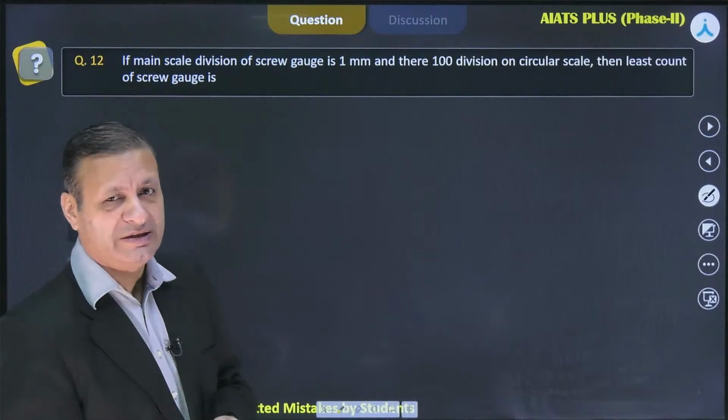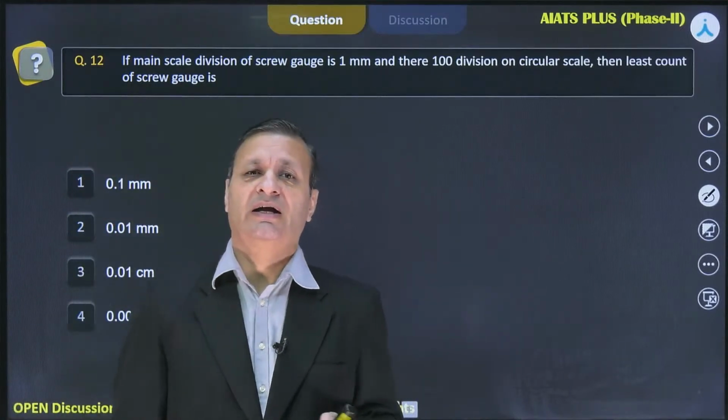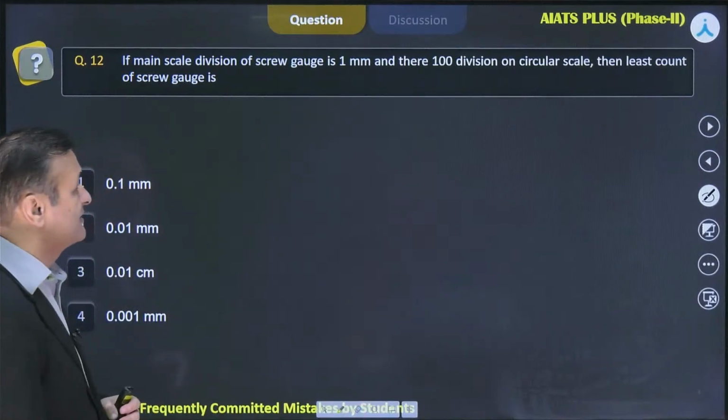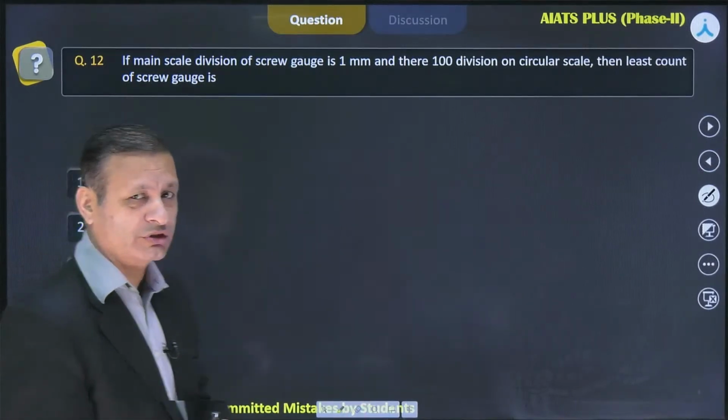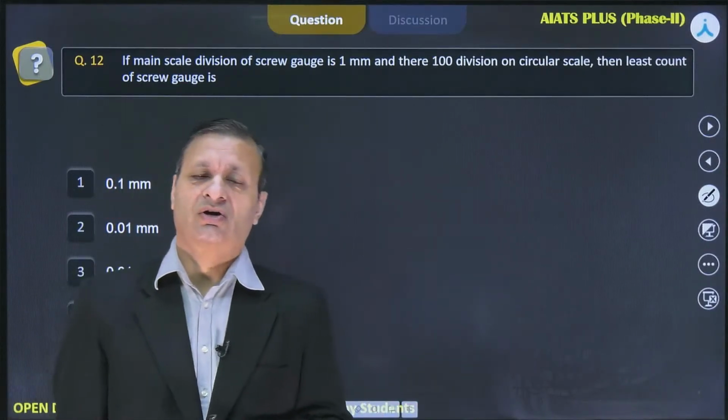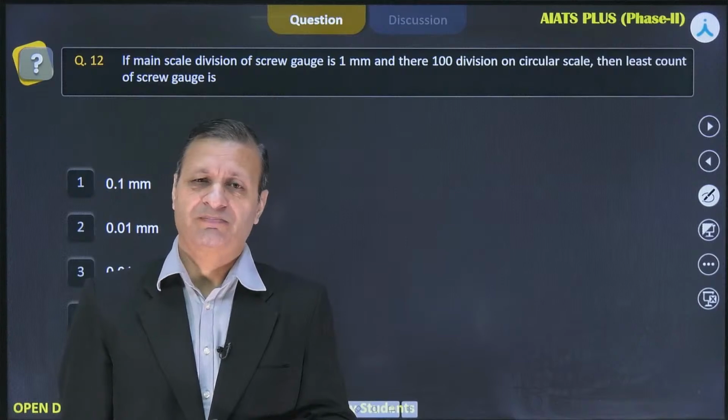The next question is again one I would like to highlight: the main scale division of a screw gauge. Screw gauge is a very important concept for your measurement part.